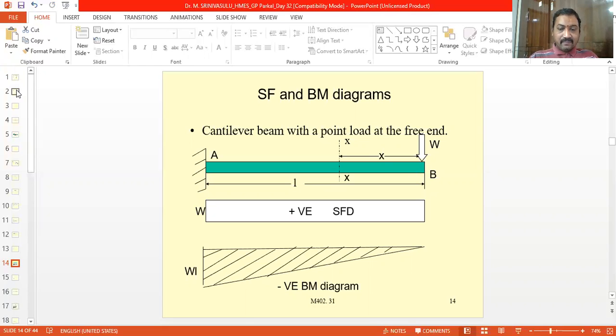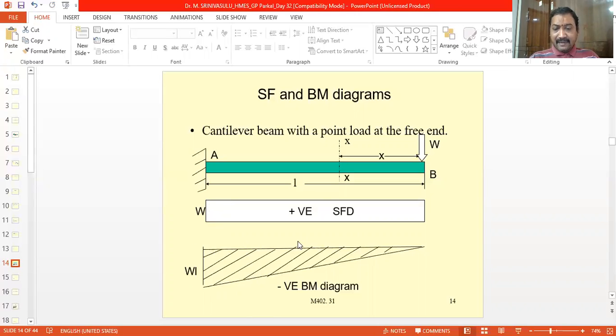Now for this, the SF diagram is a rectangle, and here the shear force is having a value of W newtons throughout the length, and it is positive. So this is the zero line, and we have drawn above the zero line. This is the bending moment diagram, and here the bending moment is negative.